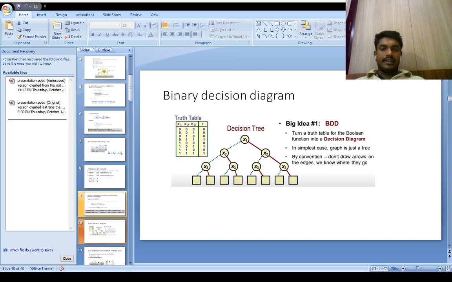And binary decision diagram, which we call BDD, is a very important concept. Let us take a truth table, and this dotted line represents 0, it carries 0, and a straight, full-fledged line carries 1 as the input. Let us take here, this carries 0 and this 0 and this 0, 0 0 0, and the function is 0.